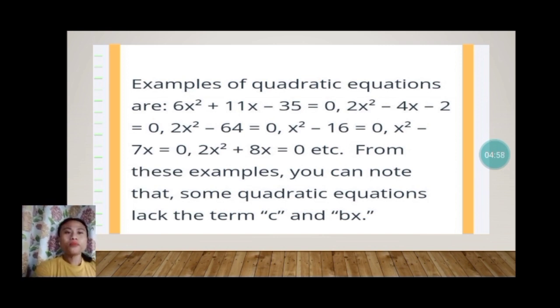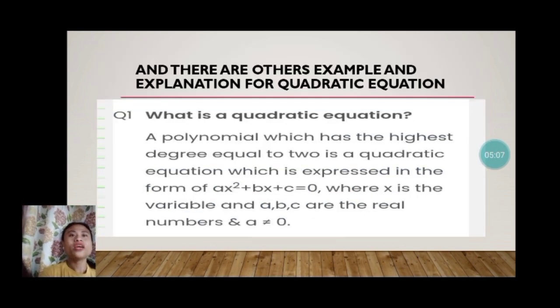From these examples, you can note that some quadratic equations lack the term c or the term bx. And there are other samples and explanations for quadratic equations.